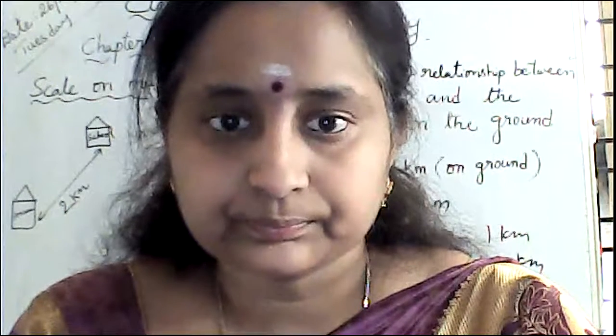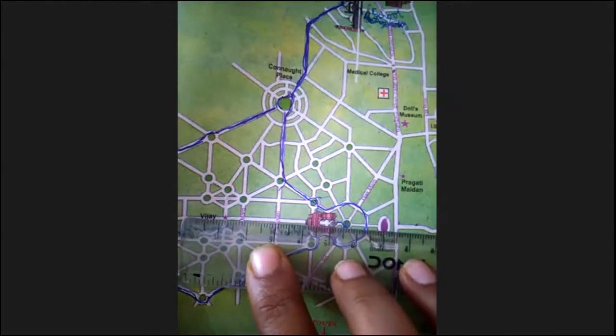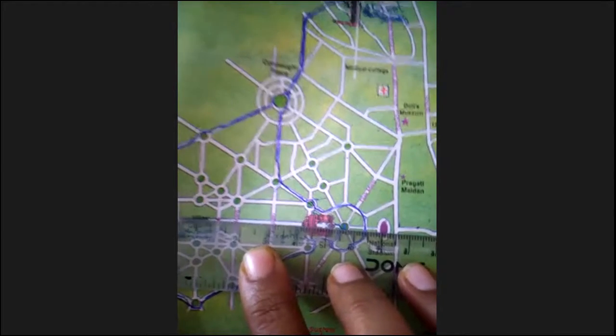Now, see here. This is Vijay Chowk. So Vijay Chowk to India Gate. What is the distance from Vijay Chowk to India Gate? Here it is 4 centimeters. Next, Tilak Marg.